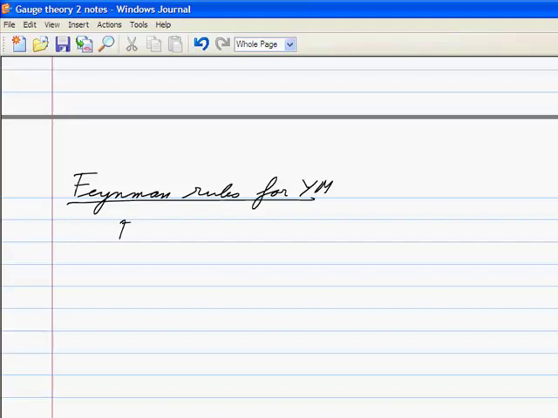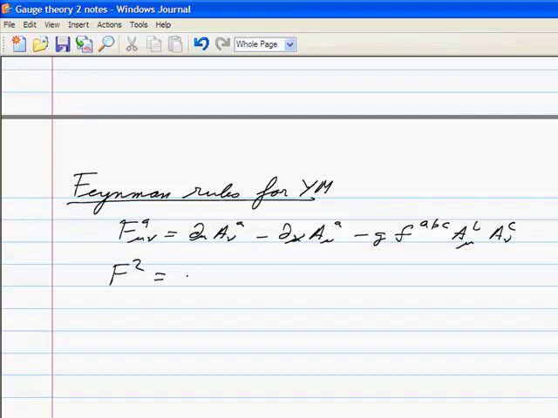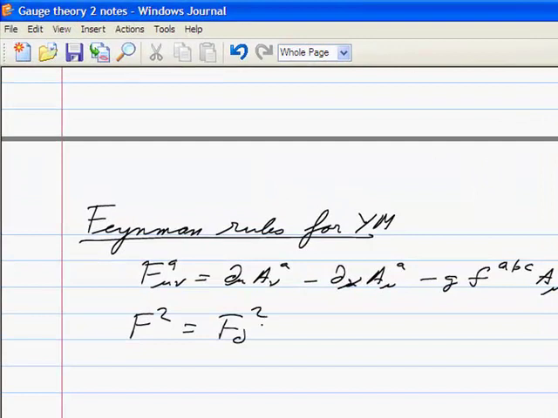Okay, so recall that F A mu nu is d mu A nu minus d nu A mu minus g f A B C A mu B A mu C. So when I do F squared, I get F0 squared, the piece with no interactions.